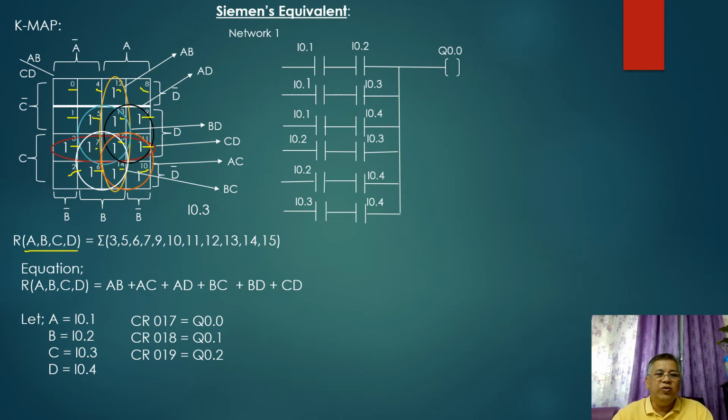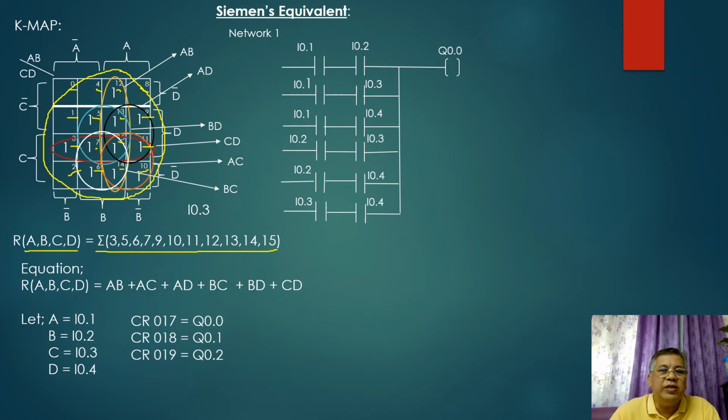The next is to locate the min terms in the cells. So we have here 3, 5, 6, 7, 9, 10, 11, 12, 13, 14, and 15. This area here is the location of its min terms.